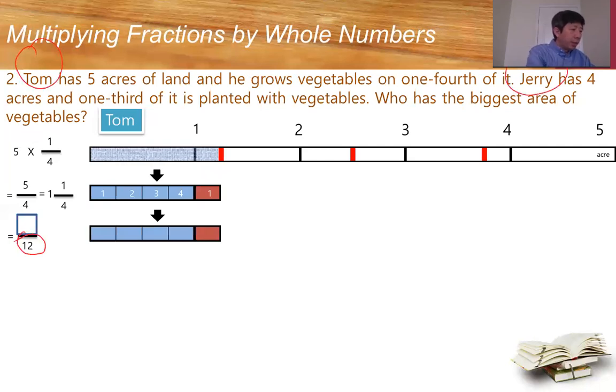So if we make it into 12, how many are there on the top? We have 15 out of 12, with 12 on the bottom. Okay, so that is Tom's.